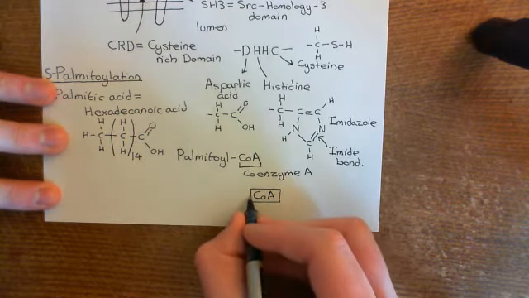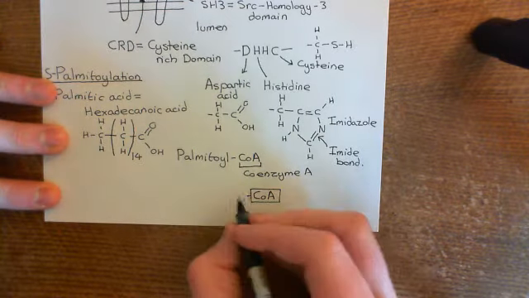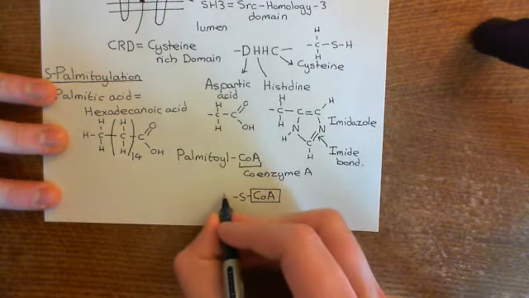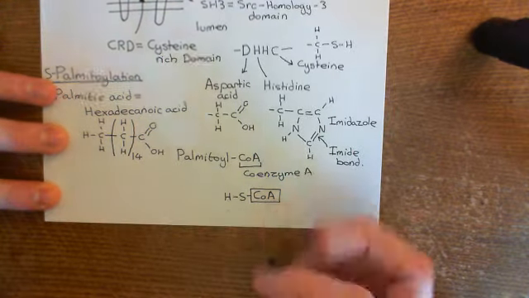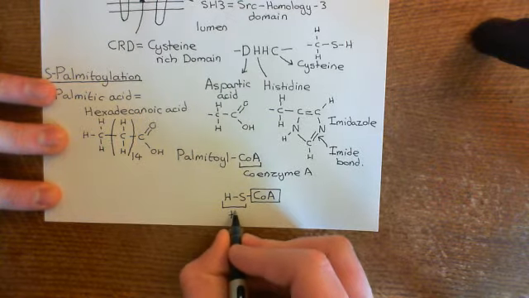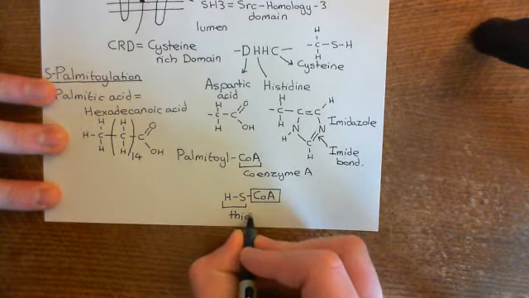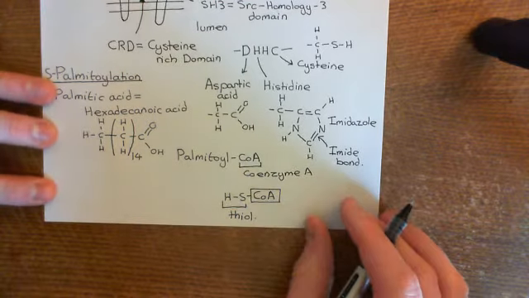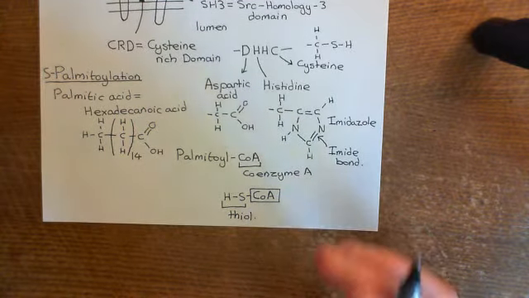There's only one functional group that is important for us, and that's a thiol group that comes off the coenzyme A. Now, I would encourage you to think of thiol groups as being analogous to alcohol groups, okay, because sulfur is in the same group of the periodic table as oxygen.